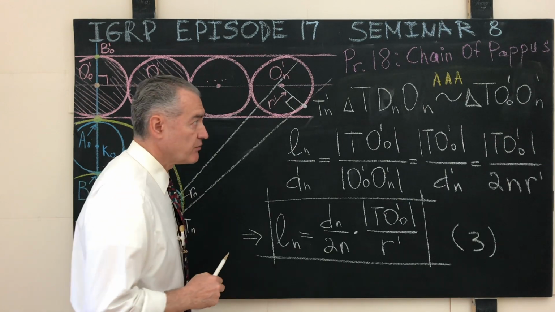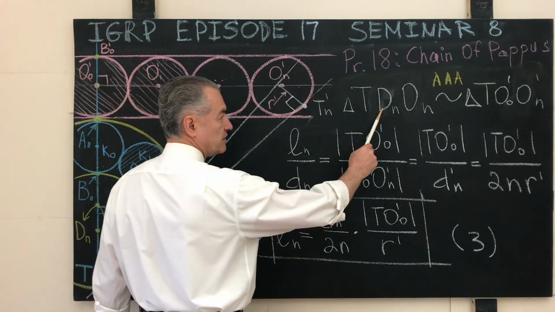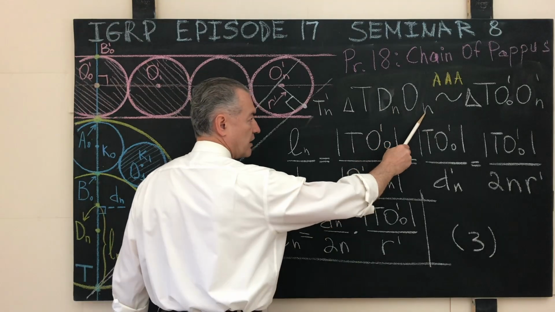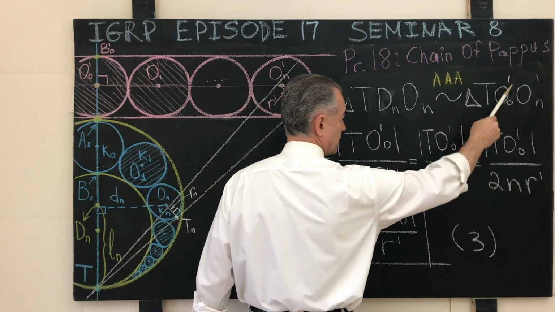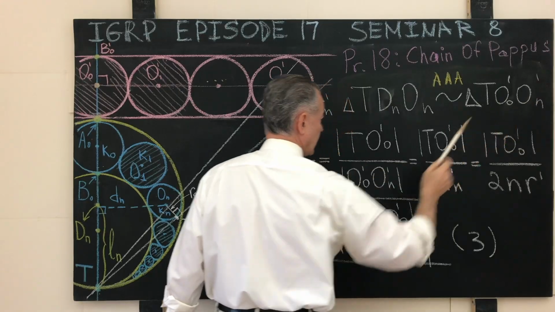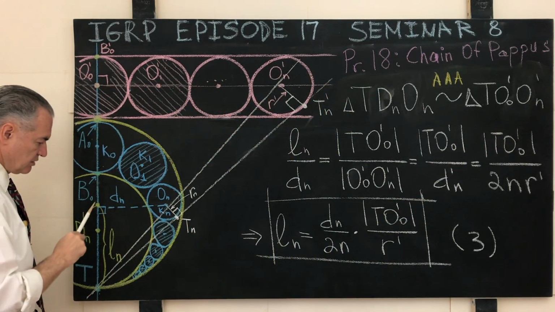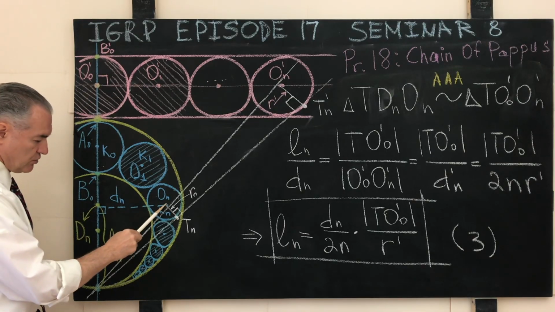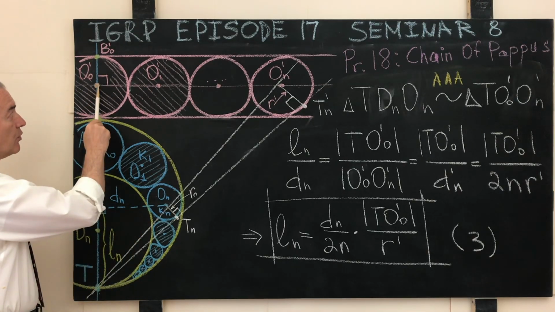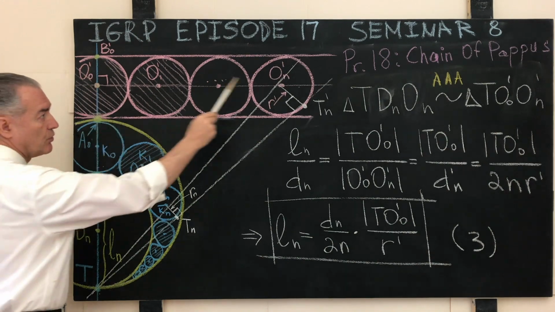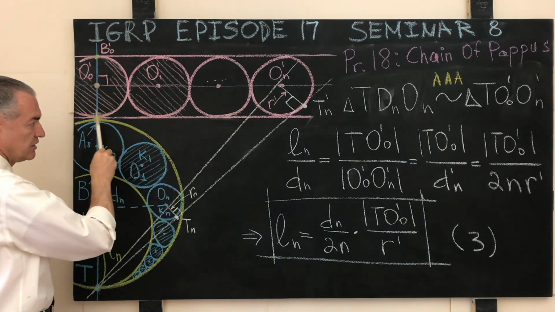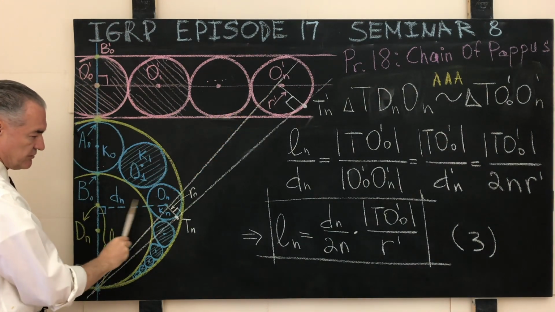Let's look at the similarity of the right triangles T, dn, On, and T, O prime 0, O prime n one more time visually. These are the triangles T, Dn, On, and T, O prime 0, O prime n, these right triangles here and this one right here.